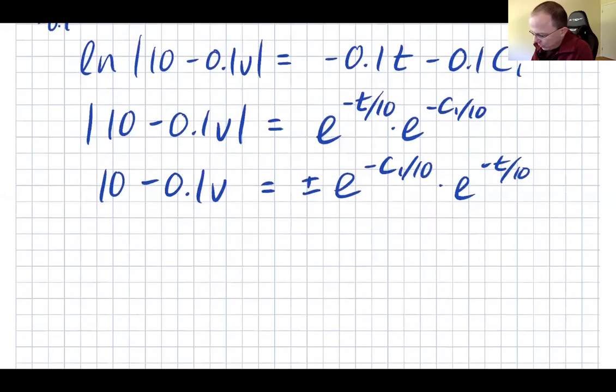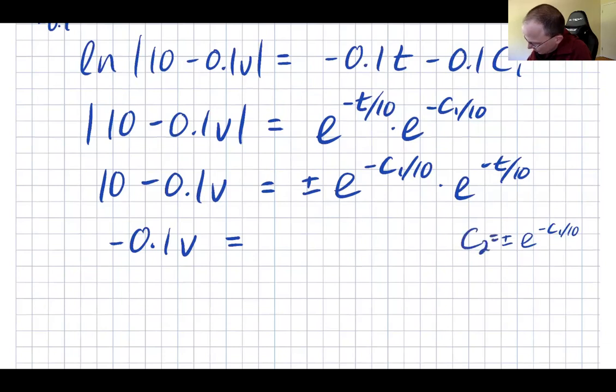And then we will subtract 10 from both sides. I don't want to rewrite this thing again here, so let me just call this thing C2.